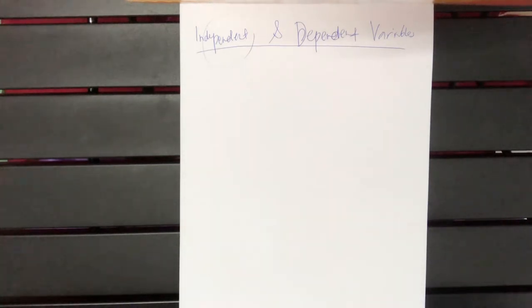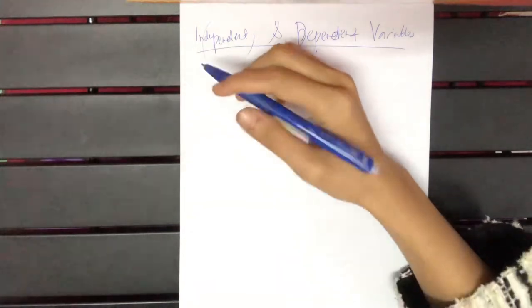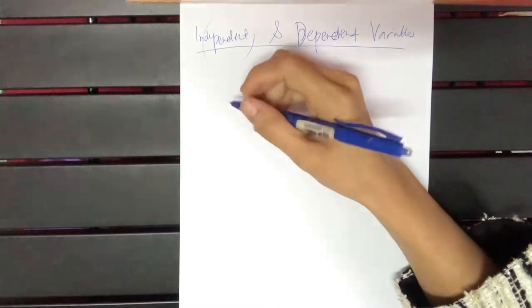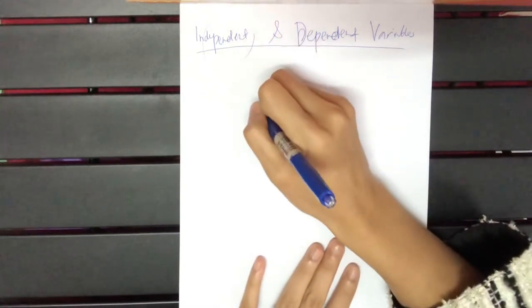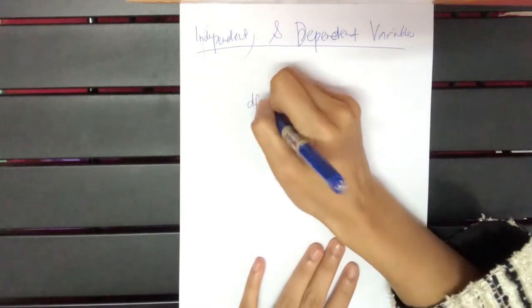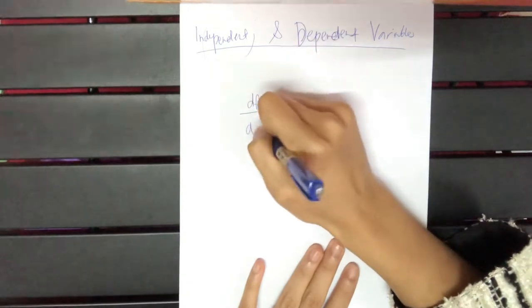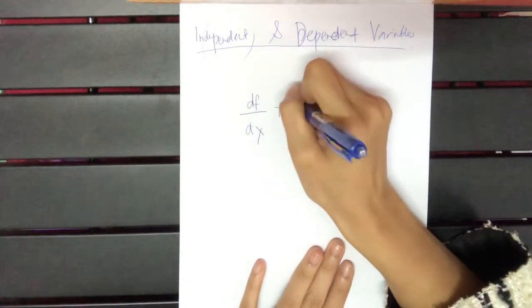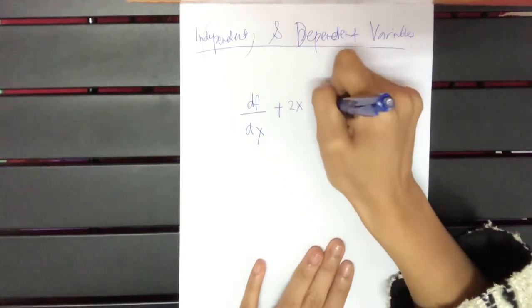Actually, it doesn't have any specific meaning for independent. So I will show you in terms of equation. Let's say you have a differential equation df dx plus 2x equal to sine x.